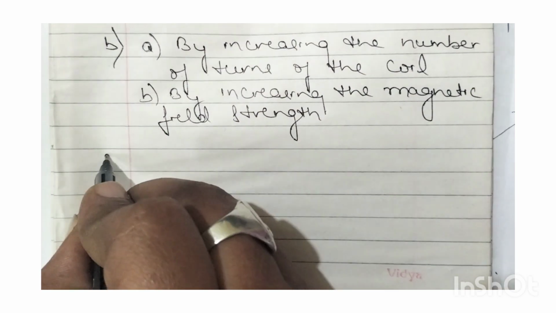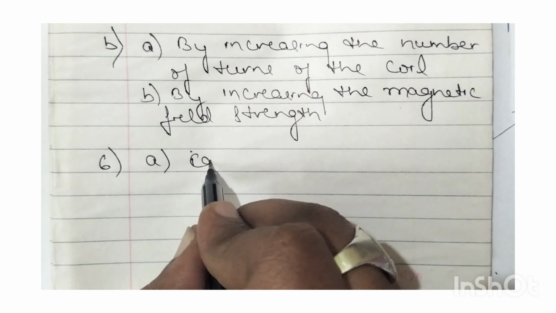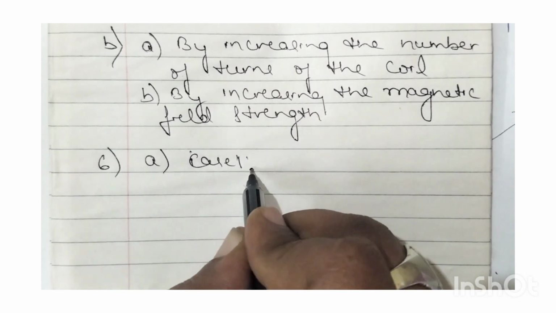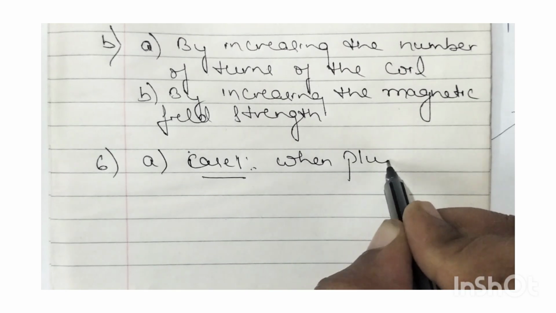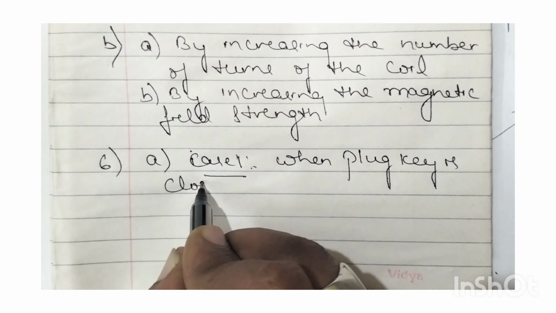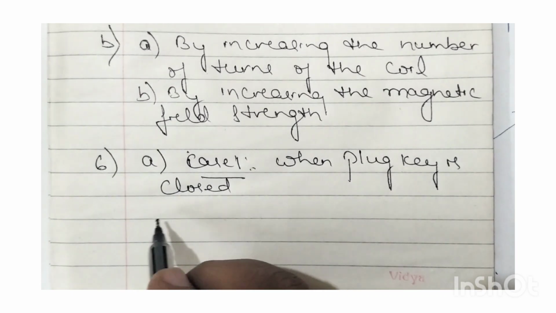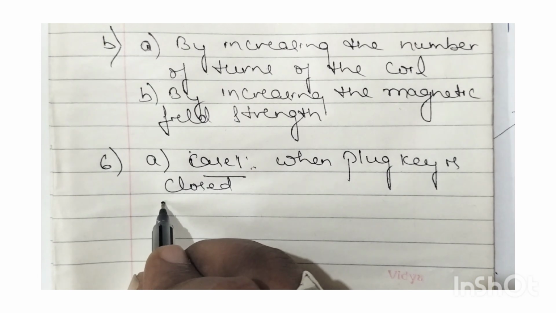This is the sixth question A. So, first case number 1, when the plug key is closed. What happens when the plug key is closed? The question is asking what happens when the plug key is closed. Let us see.